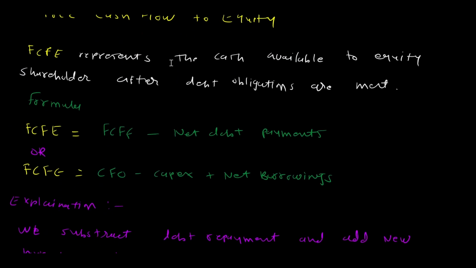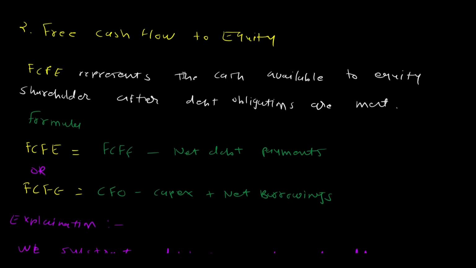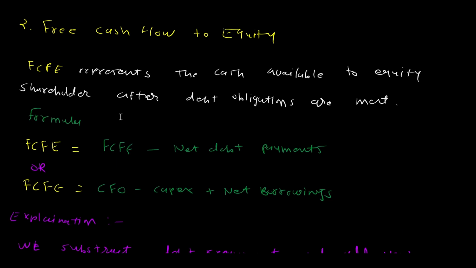So the free cash flow to equity formula is the FCFF minus net debt payment. Because this cash is for both debt and equity, if you subtract the debt payment, you will get the FCFE, free cash flow to the equity holders.